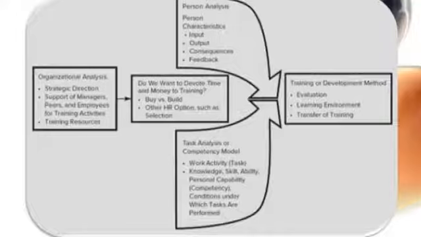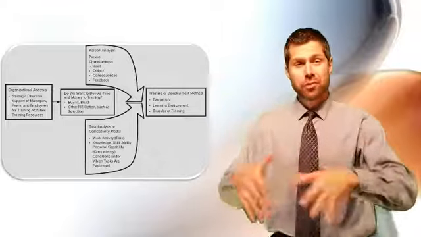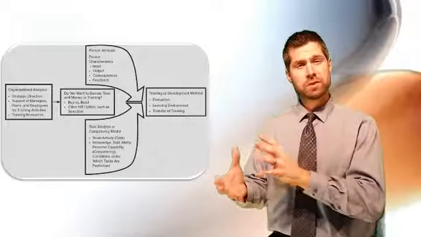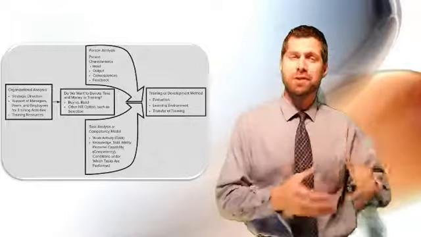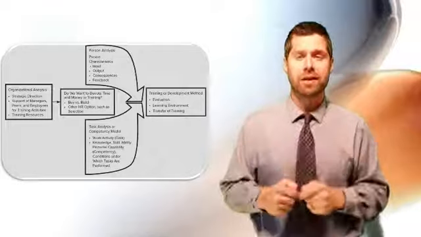We've evaluated both the personal, organizational and task things that we need, and we can now move ahead to the next step of our development. So now we've gone through our methods, the method we've chosen, and our process of how we're going to do this, and we are ready to start with our training design.